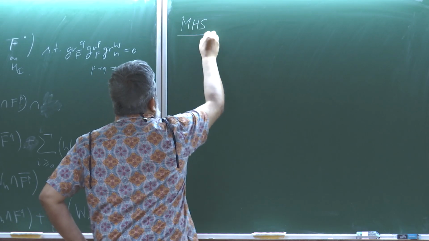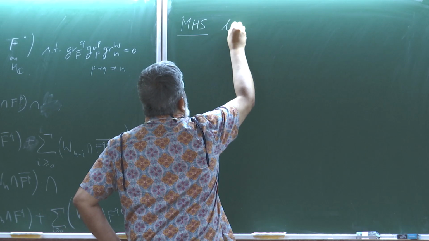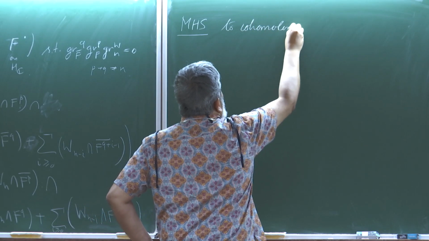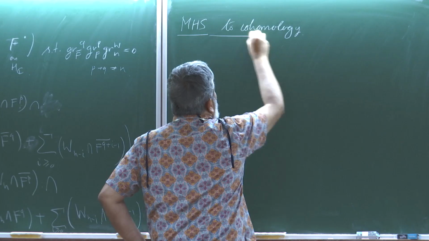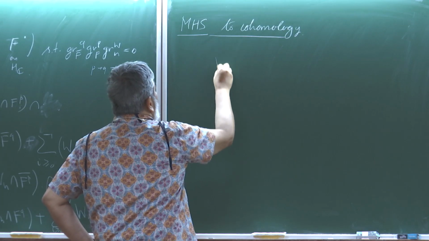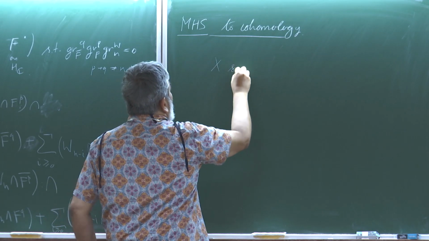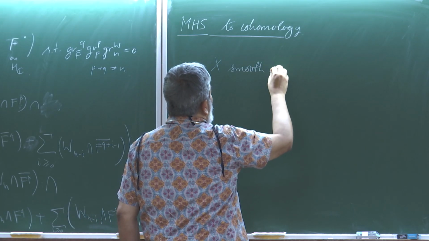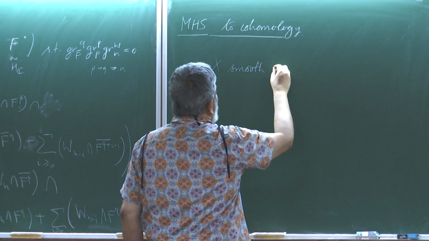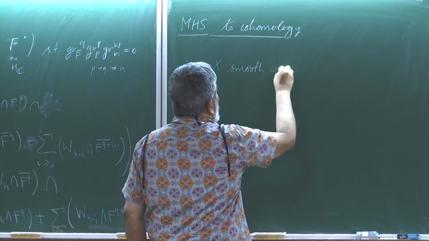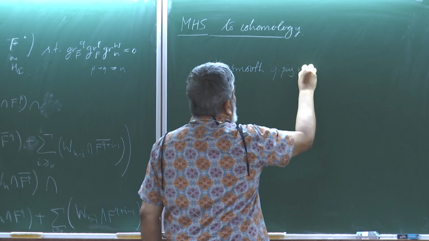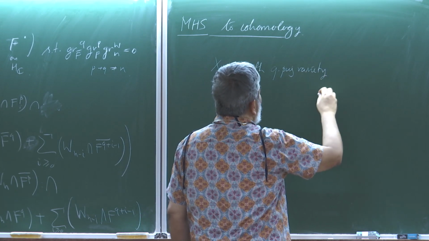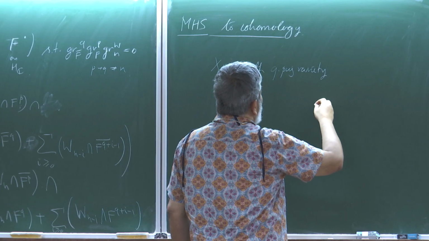Right. And then what I had started towards the end is to try to associate a mixed Hodge structure to cohomology. To do this, I started by introducing X, a smooth quasi-projective variety. I am always in the quasi-projective case, but as various people have pointed out, many of these things will work without even assuming that.